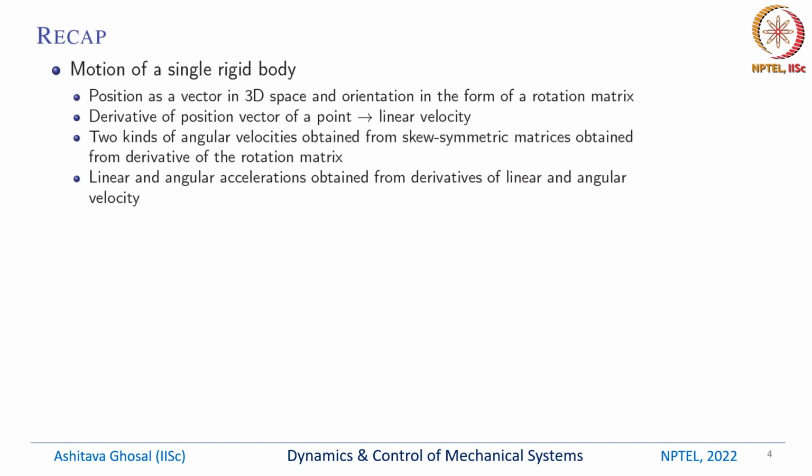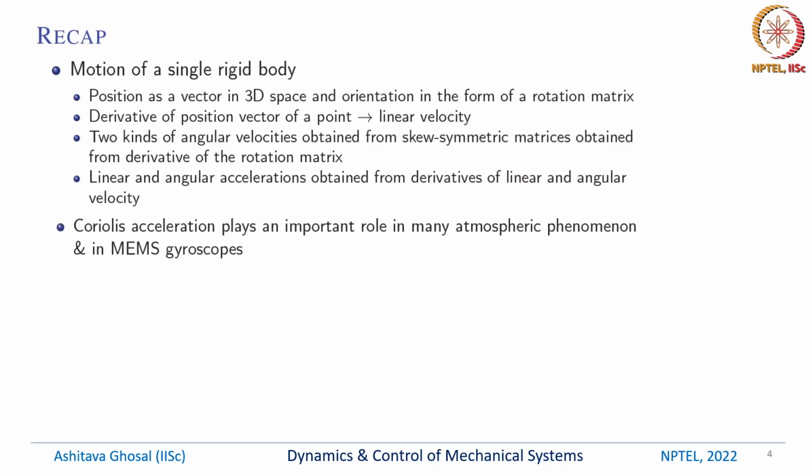Then we looked at the rotation matrix, and there were these two kinds of angular velocities, which were obtained from a skew symmetric matrix, which in turn was obtained from the derivative of the rotation matrix. And then we looked at the linear and angular accelerations obtained from the derivatives of the linear and angular velocities.